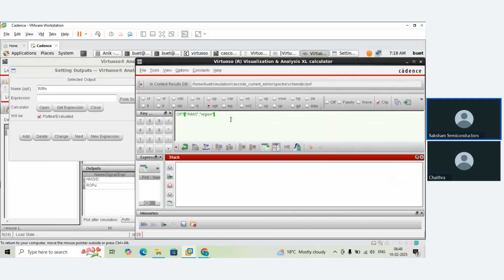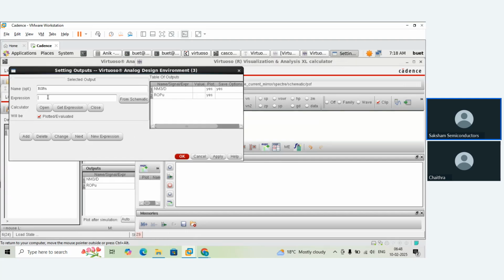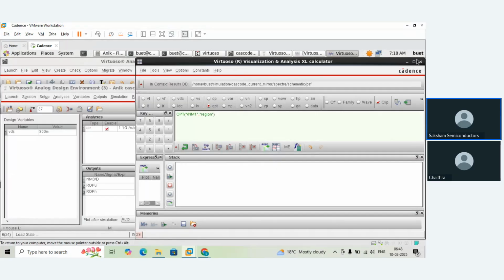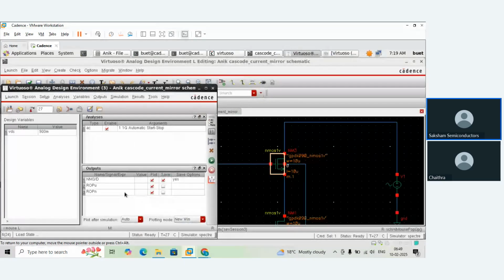So I can just change it to NM1, or go into the setting and say get expression NM1. That came over here, and I say add, okay, and close. Now I need the parametric analysis, but before that, I have pushed in the ROP and RON.